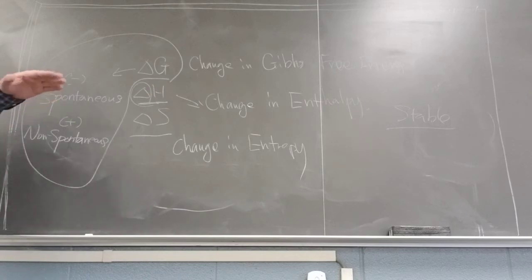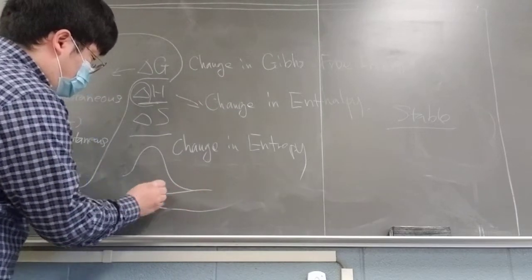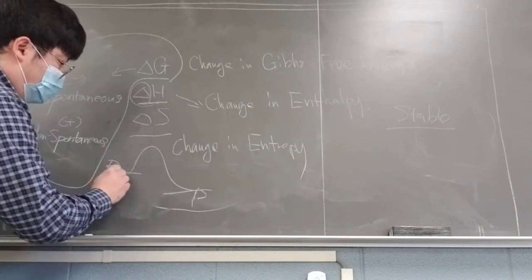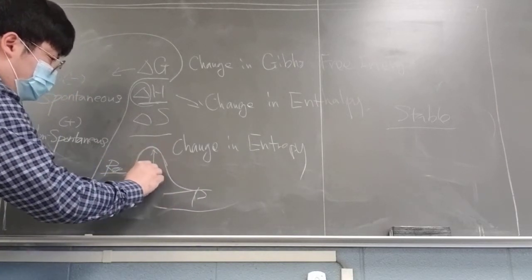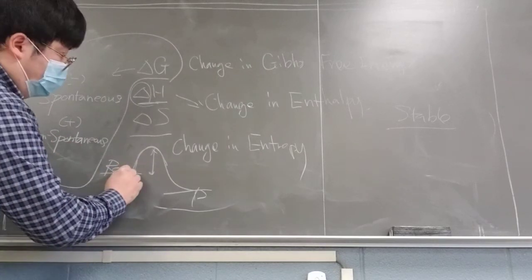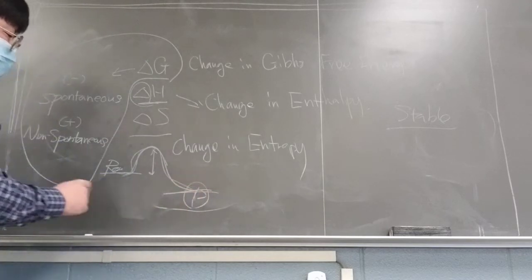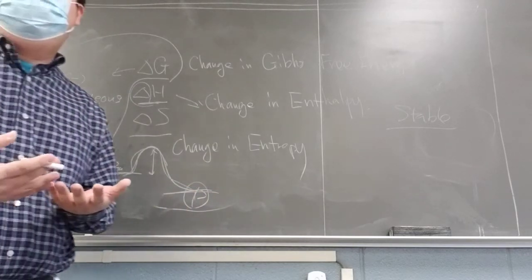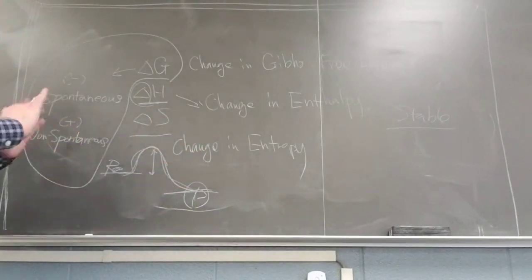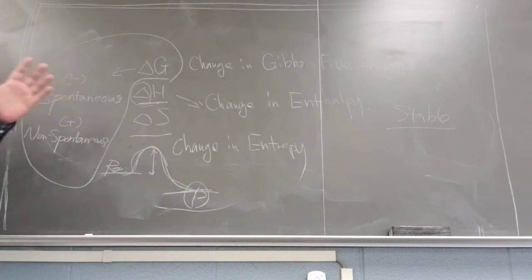Negative means the energy goes from the reactants to the products. When they go over the hurdle, which we call activation energy, and we'll probably talk about that on Friday, they're going to be more stabilized in the product. So in that case, they do it voluntarily. You don't have to do anything, and under normal conditions, this will just happen automatically.